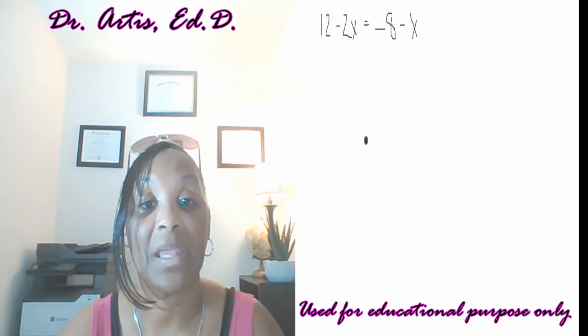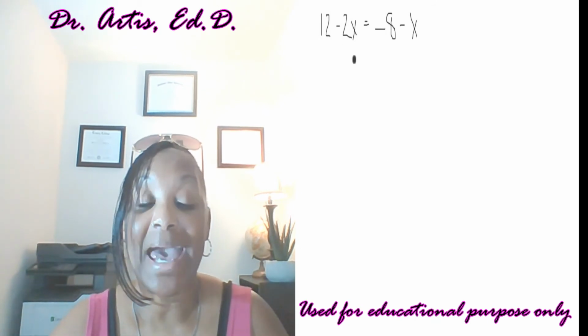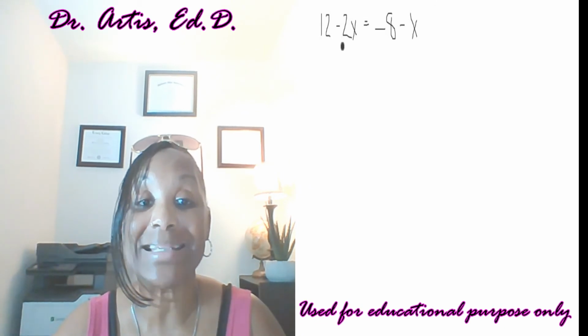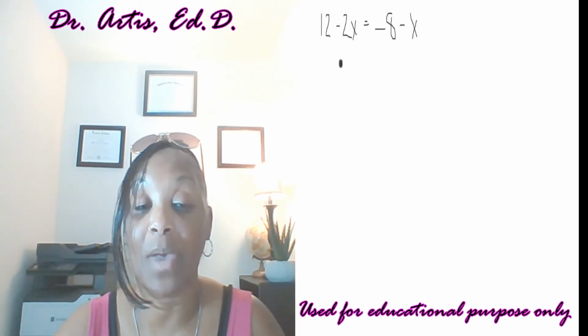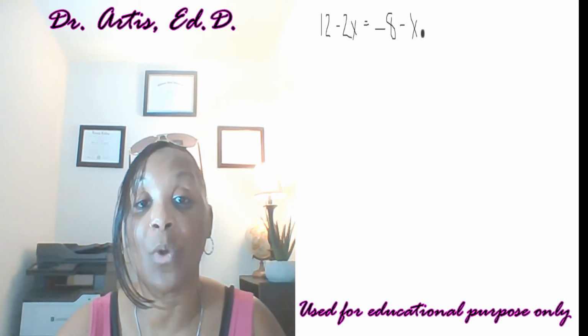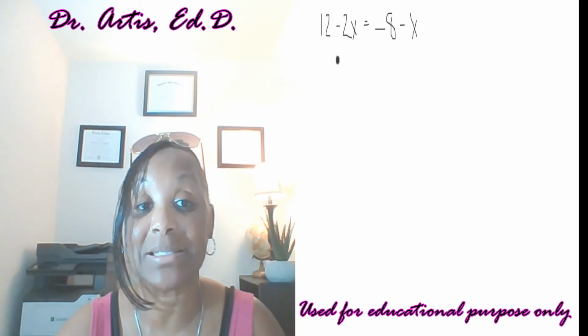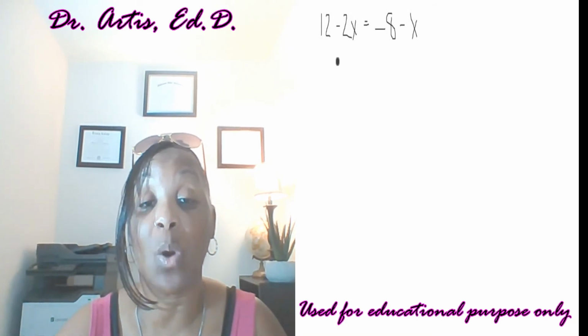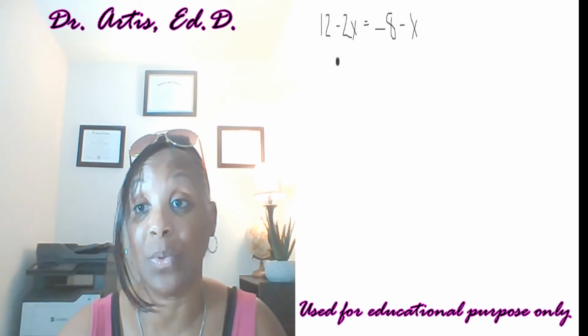Okay? So in this case, what we need to do is we need to get our x's on the same side. Okay? Either we're going to move this negative 2x to the right, or we're going to move this negative x to the left. All right? The first thing that should come to your mind is what would be the easiest way to do it. Okay?